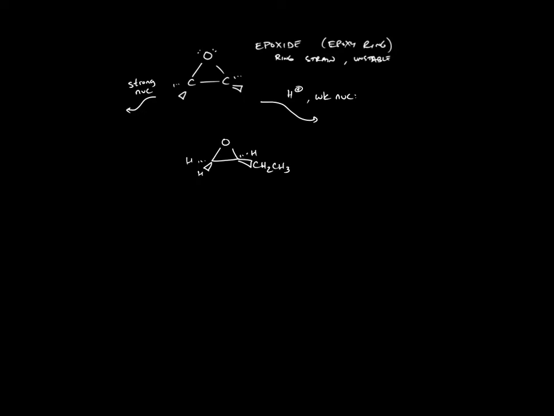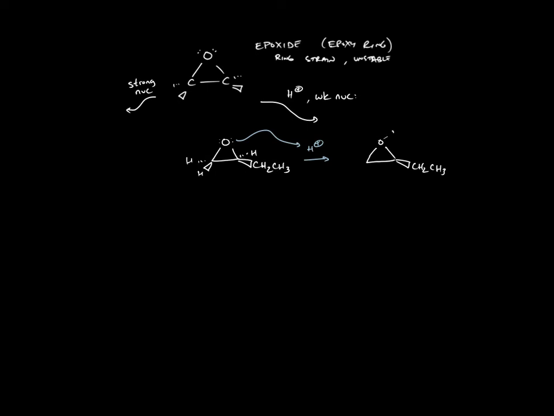If we take this guy and add in an acid, what would occur is that the electrons on that oxygen would grab onto the acid. This is the same thing as that first step in the reaction of alcohols that we talked about already, and also ethers that we talked about in just the slide before this one.